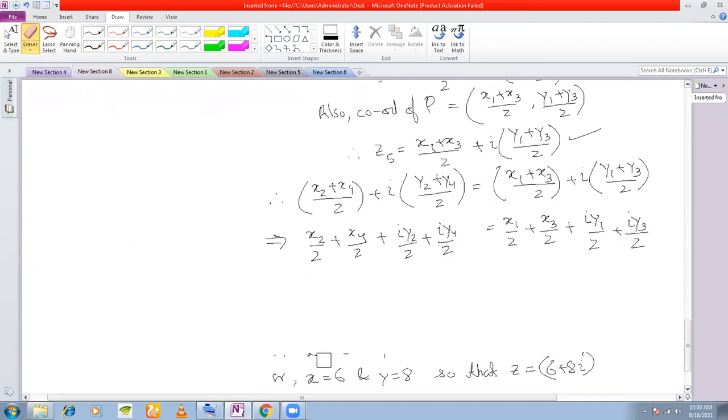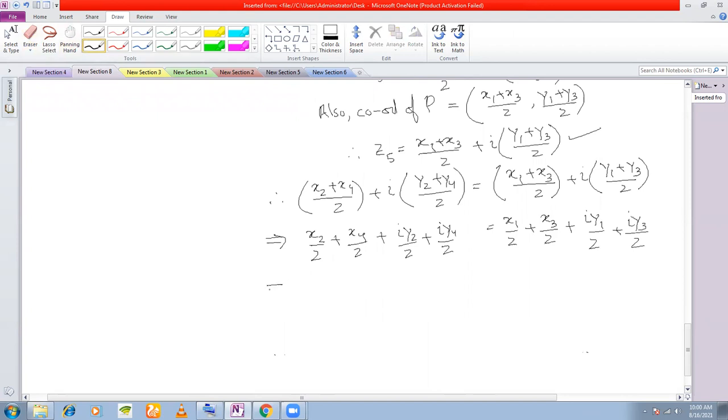Let's write this without the bracket. Now take the X2s and the Y2s together.